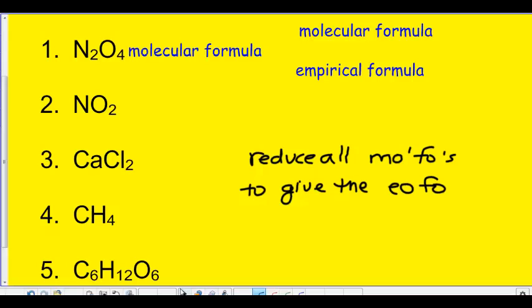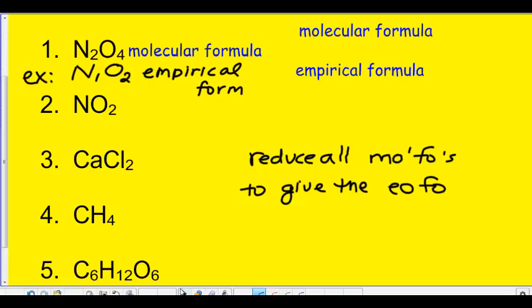So for example, okay, I can reduce N2O4 by dividing both subscripts by 2 to give me N1O2. That would be the empirical formula for this molecular formula.